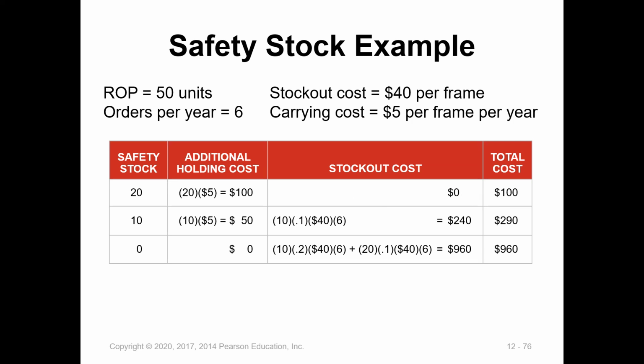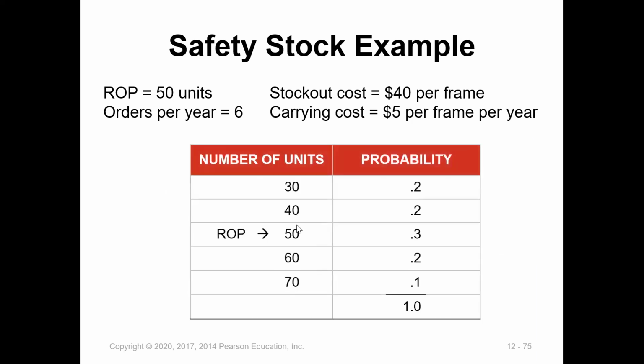We have met all the demands. Nobody came and we said no, we don't have it. So we didn't lose anything, and the total cost will be 100 if we have 20. But if we have 10, keeping 10 glasses in our store will cost us 10 times $5, $50.